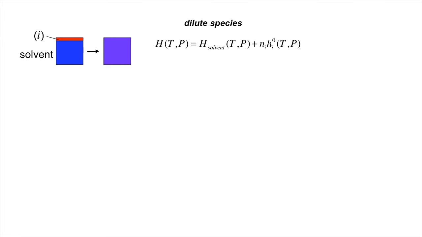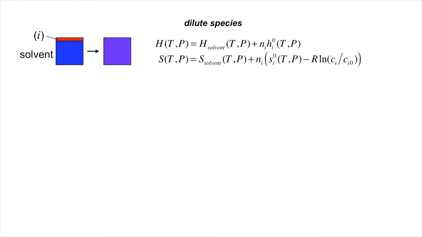In this limit, we expect the enthalpy of the mixture to equal the enthalpy of the solvent plus a term linearly proportional to the number of moles of the solute, Ni, that we add to the solvent. The constant of proportionality, Hi0, a molar property that is a function of temperature and pressure, represents both the enthalpy of the solute as a pure species, plus energetic interactions with the solvent when added to the mixture.